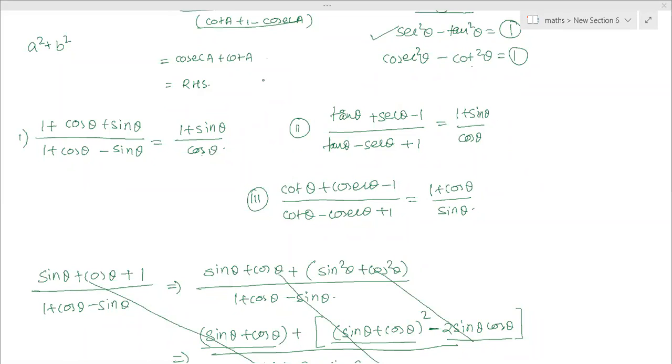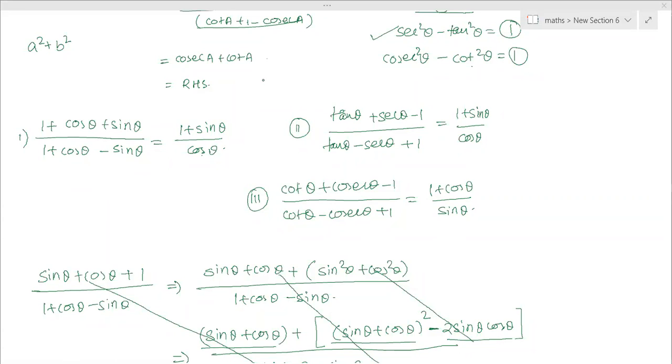That is 1 minus cot minus cosec. Cosec minus cot. So 1 minus cosec and minus minus plus cot. You will get it. You did not change the sign. While taking common, see the signs. Yes, mom.